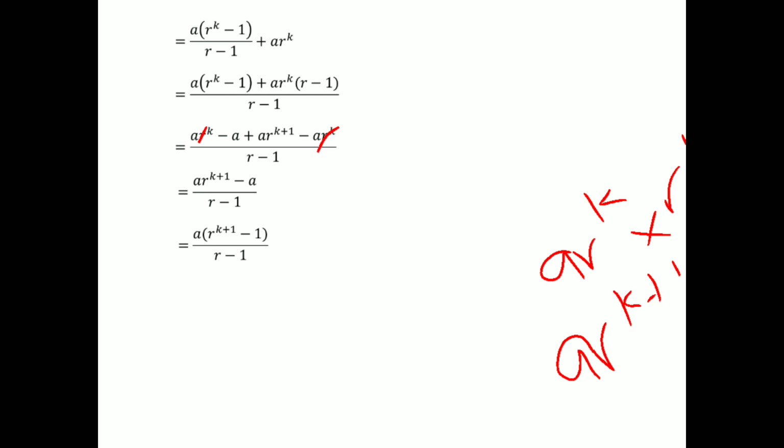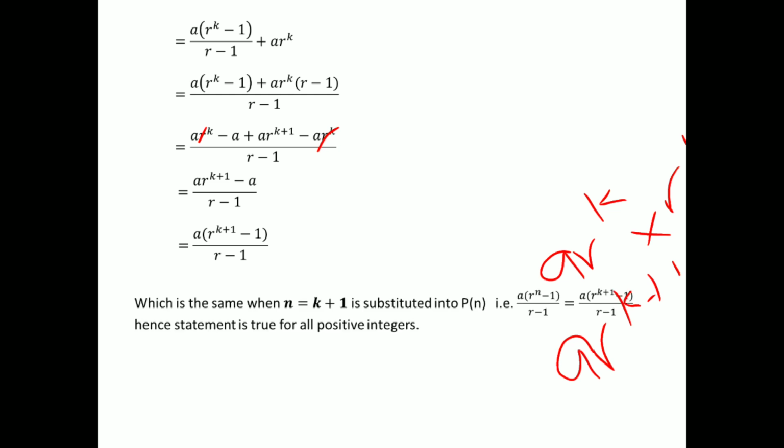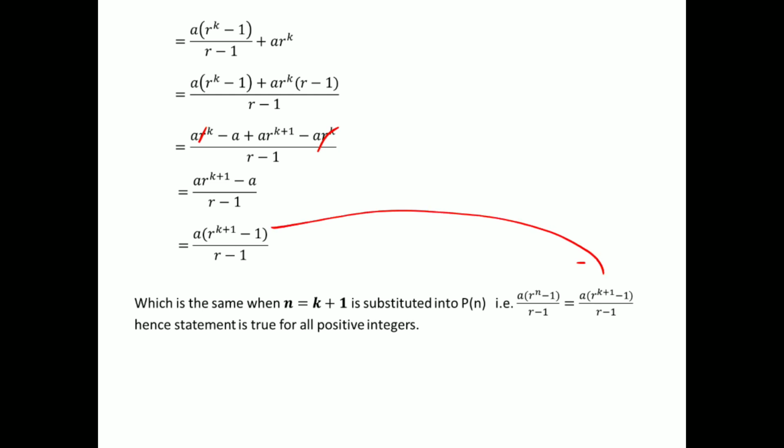Okay, so from here you can see that it is the same as when we substitute n equal to k plus 1 into Pn. The left hand side there is Pn, which is a r to the power n minus 1. If you substitute k plus 1 for n, you get r to the k plus 1 minus 1, which is exactly the same thing as what we obtained here. And once we can achieve this, we can now say that the statement is true for all positive integers.